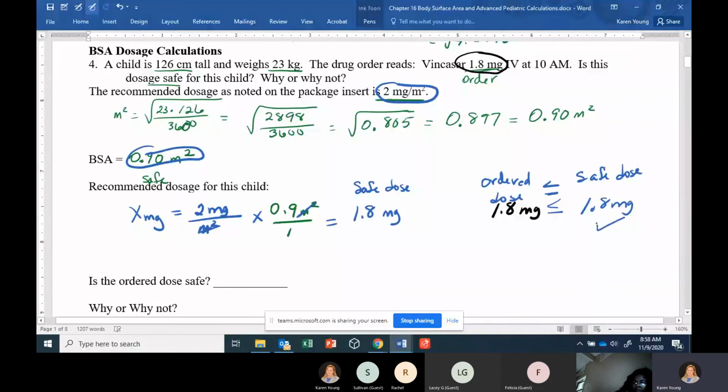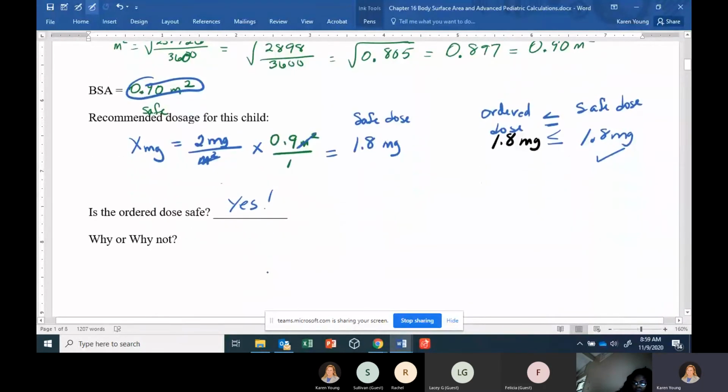Yes. So then my dose is safe. It says, is the ordered dose safe? And I can add a yes, it's safe. So why is it safe? It's safe because the ordered dose is equal to the safe dose.